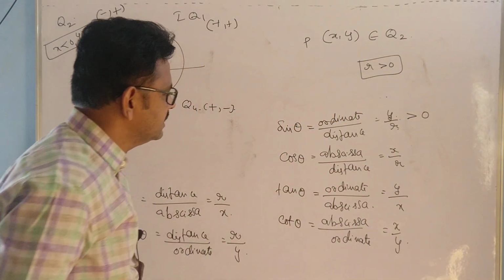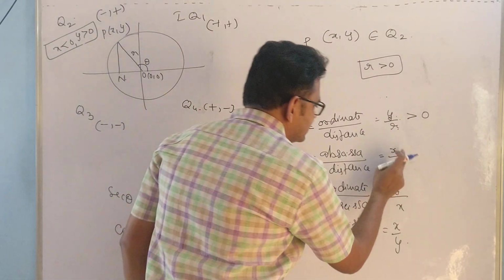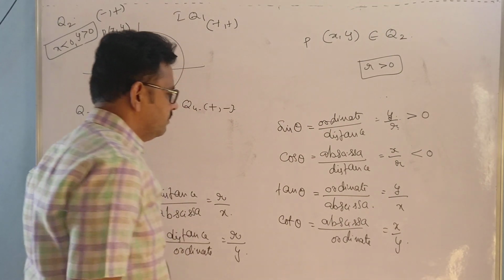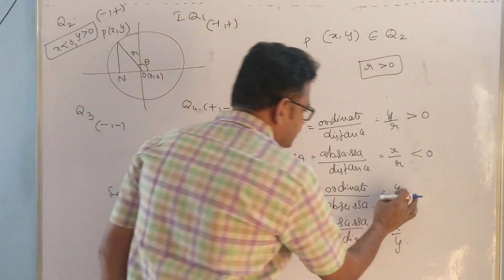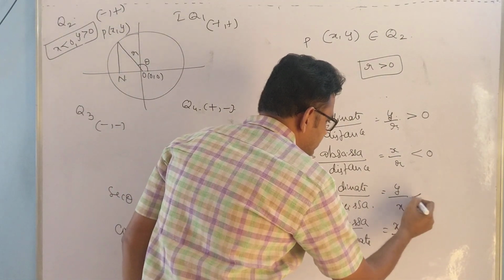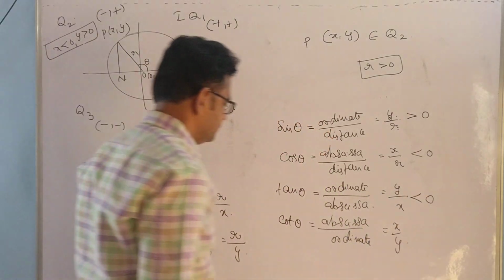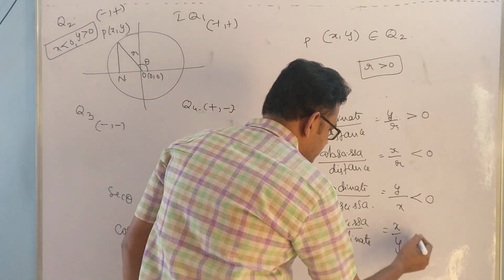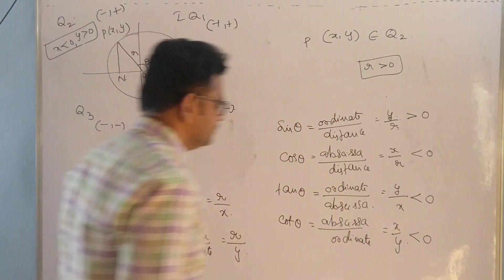What is cos theta? X by r. X is negative, so this is negative. What about tan theta? Y positive, x negative, which is less than 0. What about cot theta? X negative, y positive, which is less than 0.